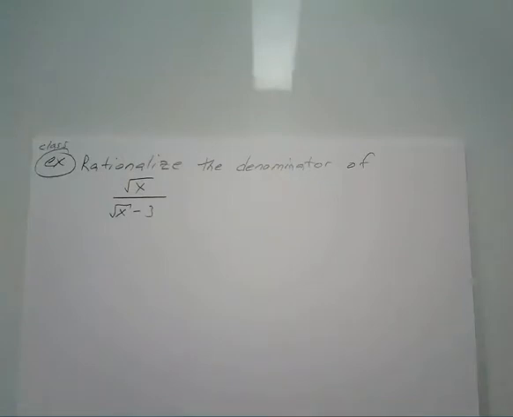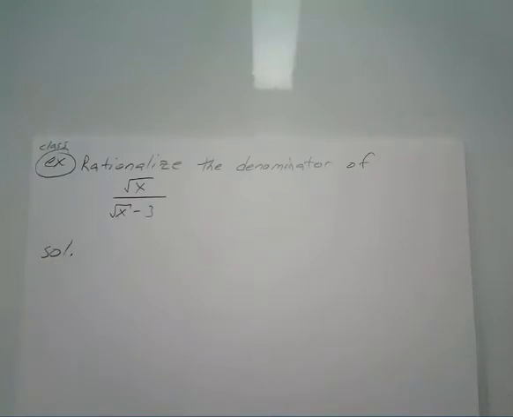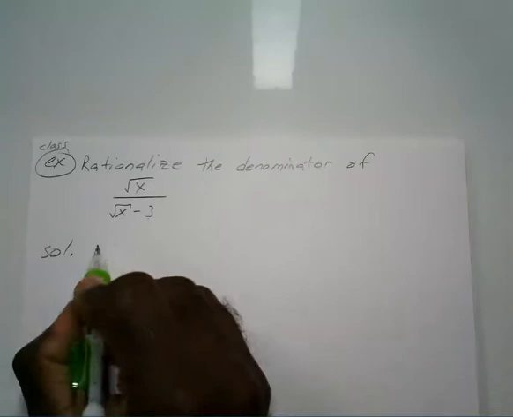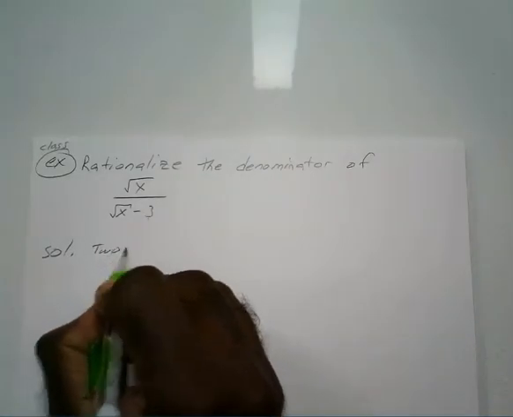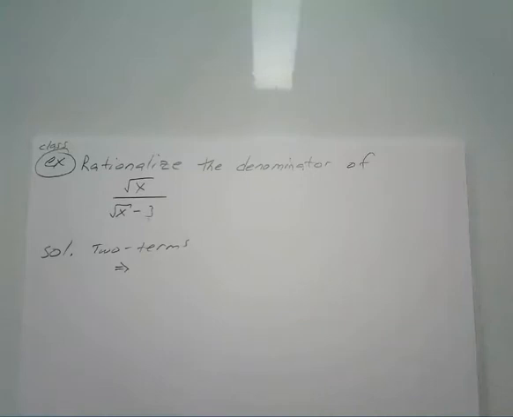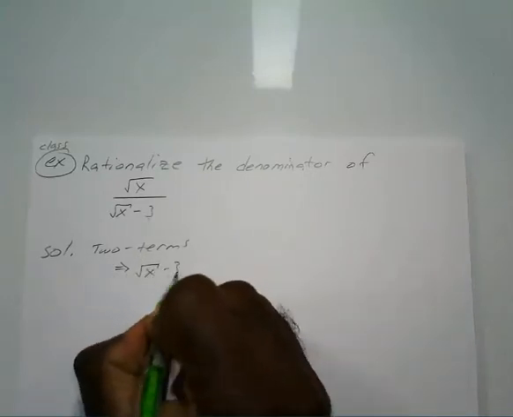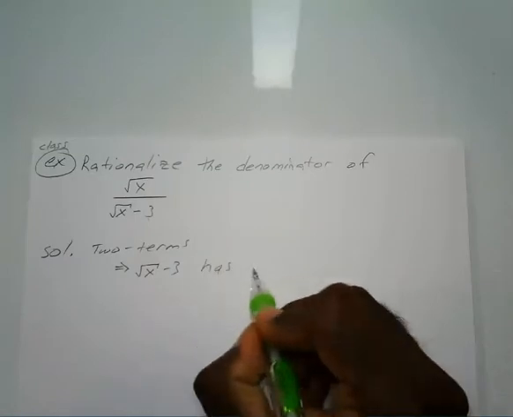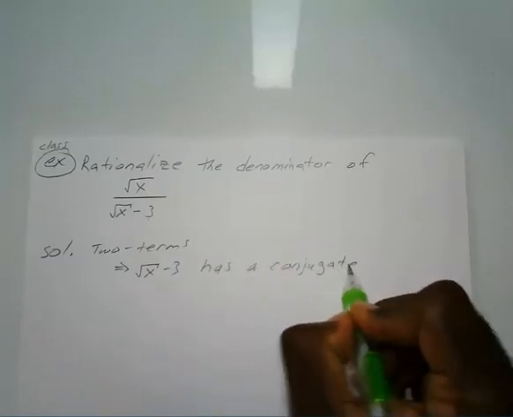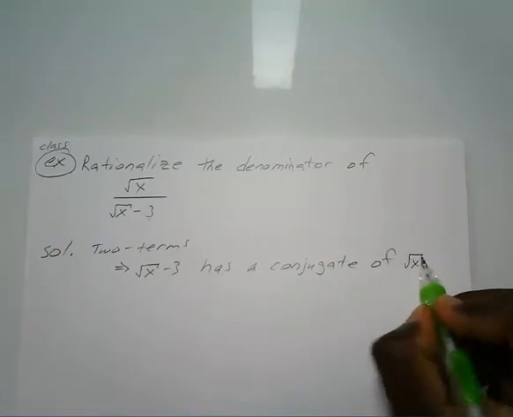Alright, so assuming you have already pressed pause and worked this one out. Okay, so with this one, you have two terms. Okay, so you know square root of x minus 3 has a conjugate of square root of x plus 3.